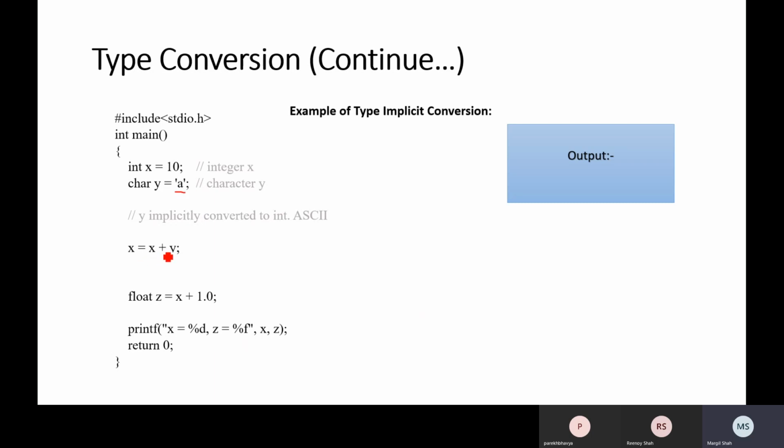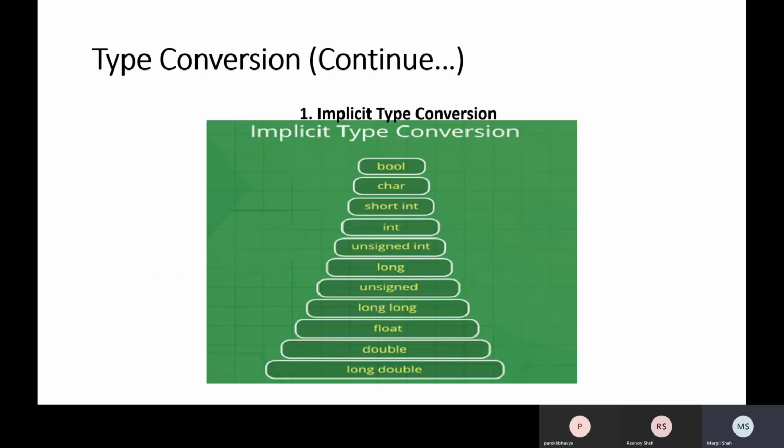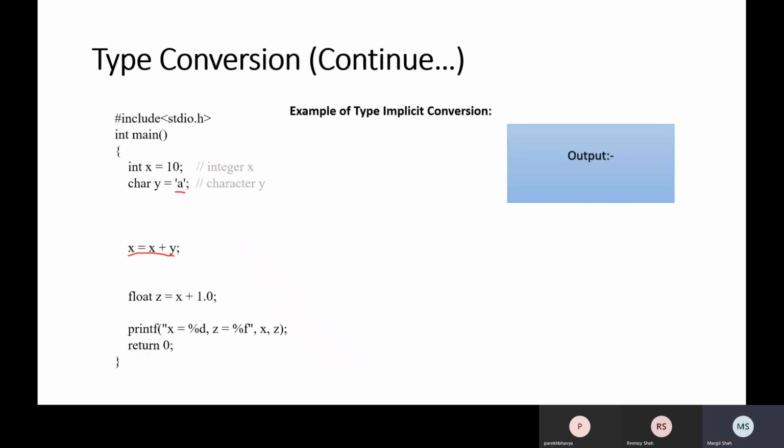Now x is equal to x plus y. What is x? x is integer. What is y? This is character. So how will this be executed? It will automatically convert the value of y, which is lower, because as we have seen, character is smaller than integer. So this will be automatically converted to integer.